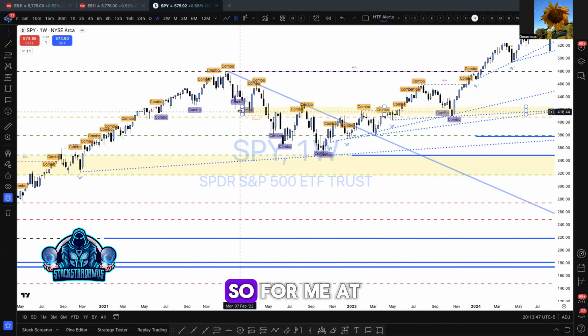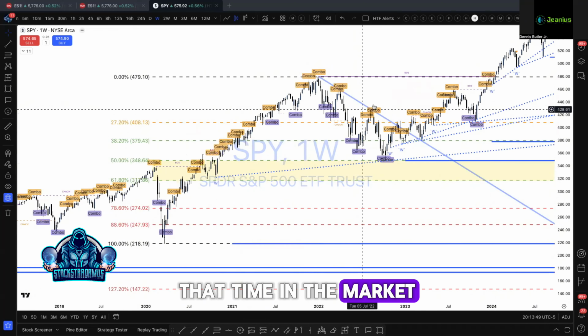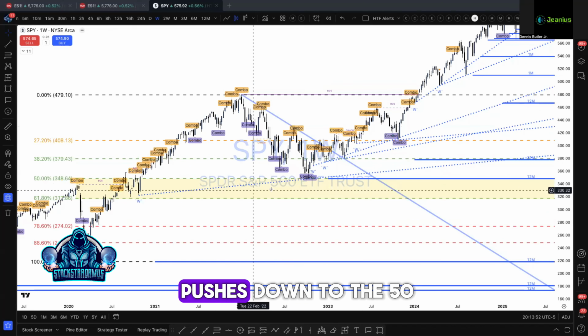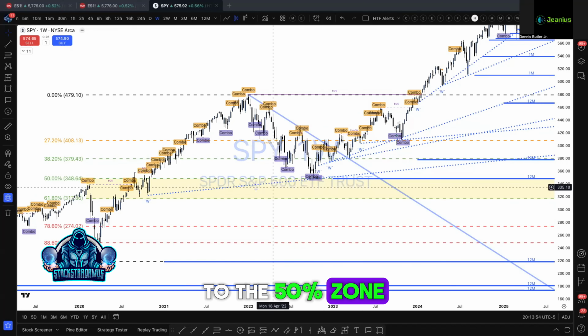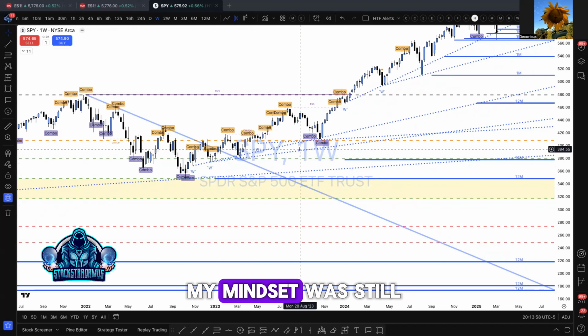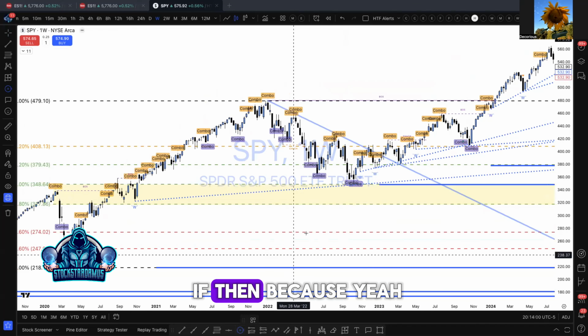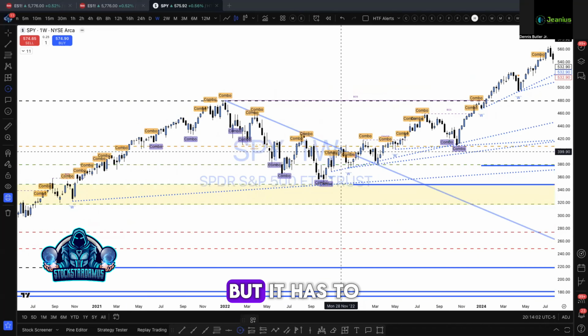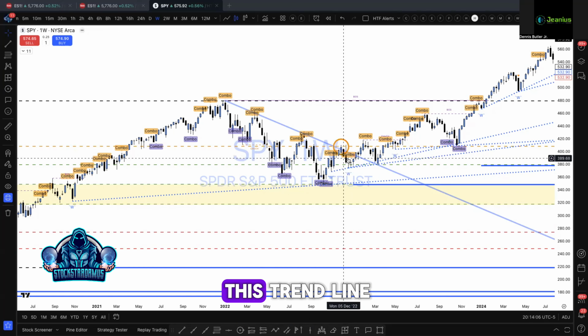Right. So for me, at that time in the market, I'm watching and it pushes down to the 50% zone. Even for me, when I saw it finally get here, my mindset was still if-then, because yeah, I'll get in here, but it has to respect this trend line.